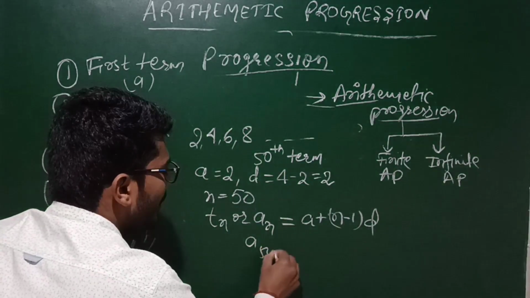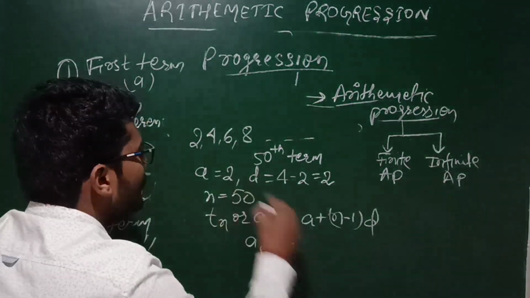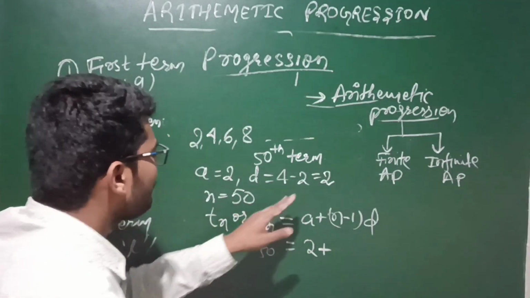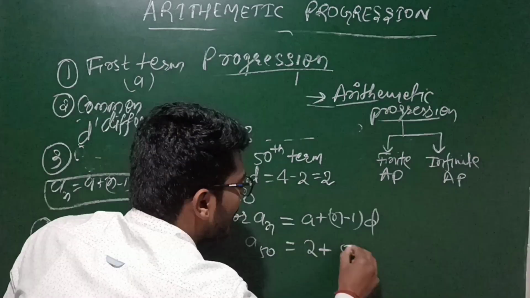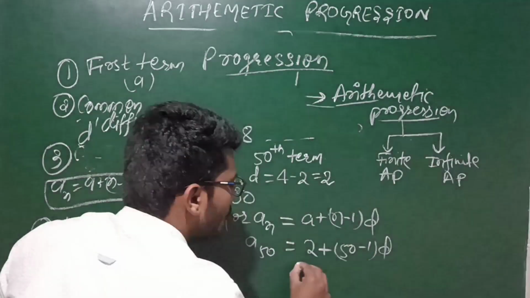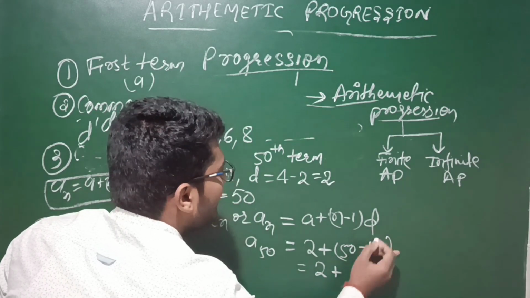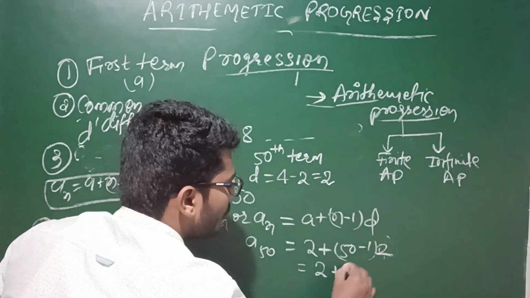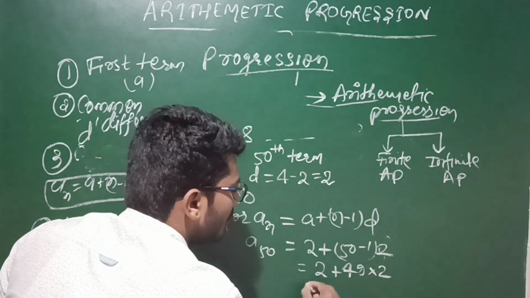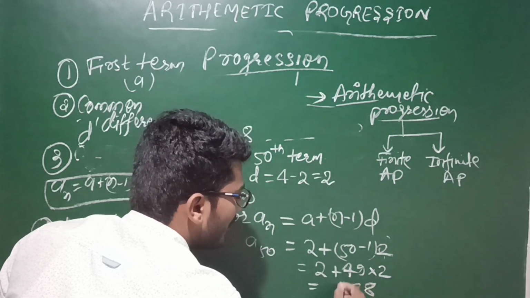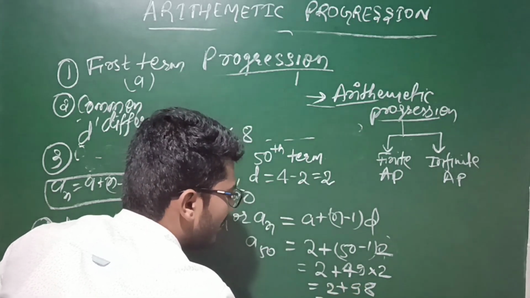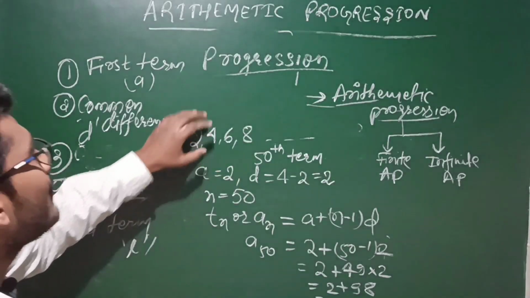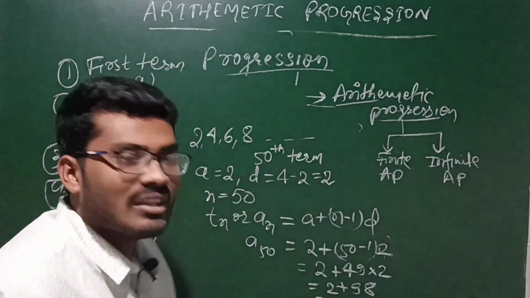For the 50th term, n is 50, the first term is 2, plus 50 minus 1 into d, where d is 2. So 2 plus 49 multiplied by 2, 2 plus 98, that is 100. So we can conclude that the 50th term of this AP is 100.